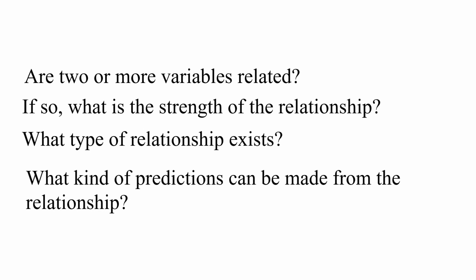A simple relationship can only be positive or negative. A positive relationship exists when both variables increase or decrease at the same time. For instance, a person's height and weight are related. The relationship is positive. Hence, the taller a person is, generally, the more the person weighs.